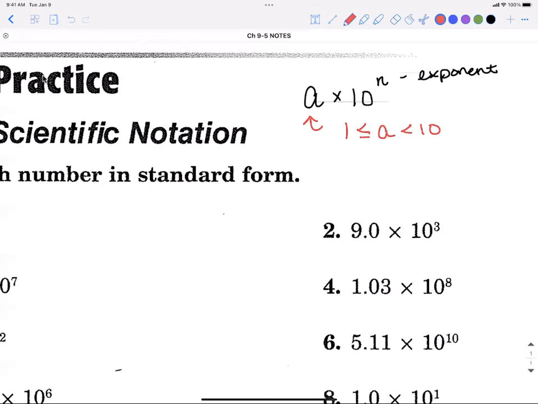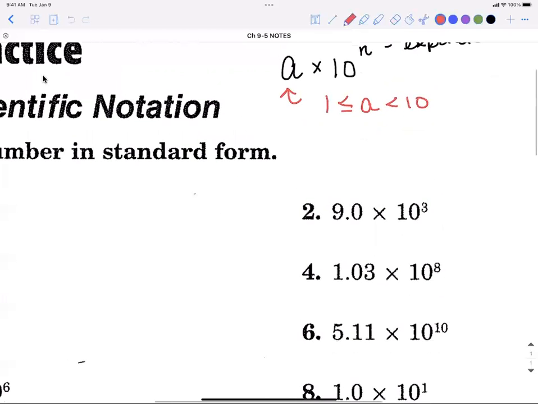And A can be a decimal. It's going to be a decimal most of the time. If you look here, this 9.0, that's the A, times a 10, and in this case, the n is a 3.